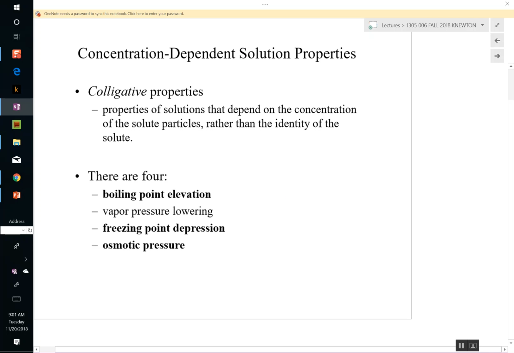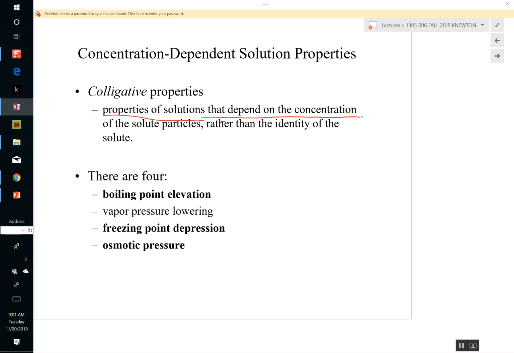All right, let's get to colligative properties. What are colligative properties? Properties of solutions that depend on concentration. They don't care what the solute is, just the concentration of solute particles.